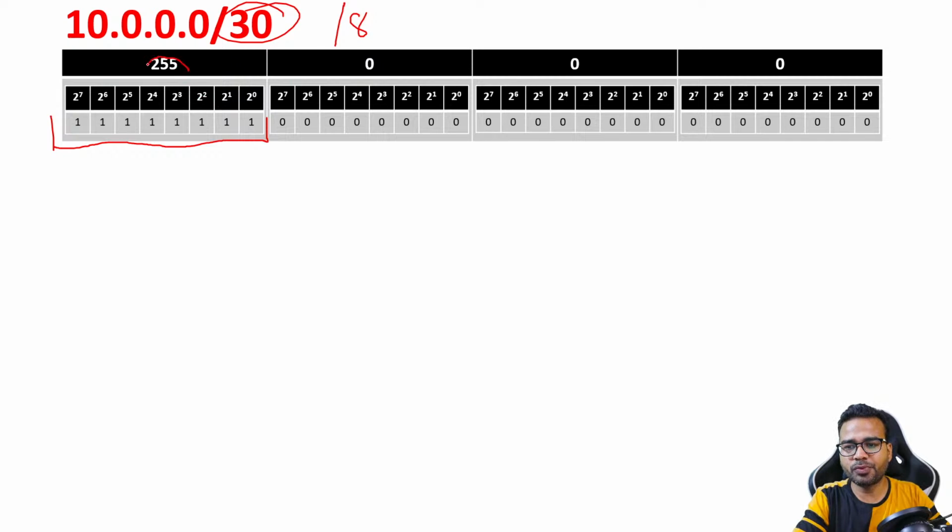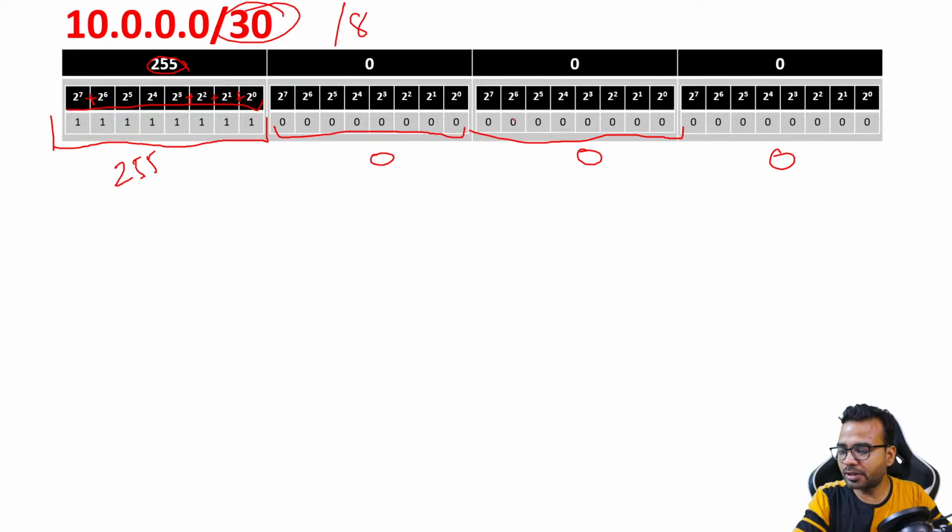So this is the 255, right? If you calculate the value of all the 8 bits, that is 2 to the power 0 plus 2 to the power 1 plus 2 to the power 2 plus 2 to the power 3 till 2 to the power 7, the total answer you will get is 255. Got it? And all the 24 bits are by default reserved for the host, right? Because of that reason, here we get 0, 0, 0.